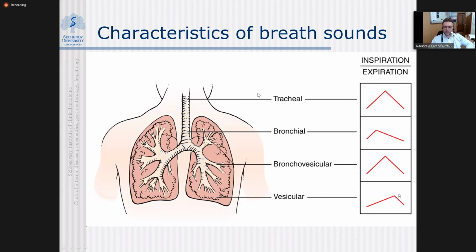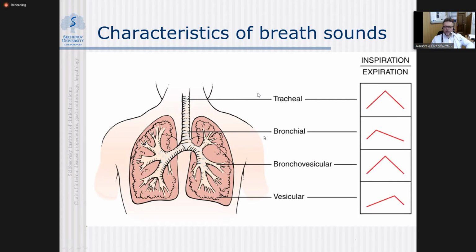After the very beginning of the exhalation, the last 2/3 of exhalation will be silent. To say that you are auscultating vesicular breathing, you need to watch how the patient is breathing, watch the patient's chest expansion, and try to understand. If you see that the patient is still exhaling and you already hear nothing, it means that it is vesicular breathing.